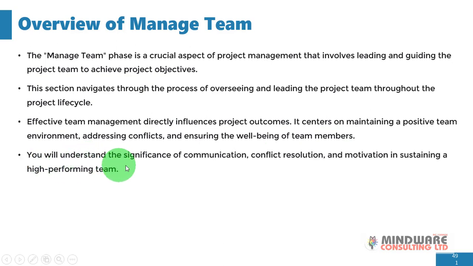Here you will understand the significance of communication, conflict resolution, and motivation in sustaining a high-performing team. The word is sustaining. Alright? You want to keep the team in that place of high performance throughout the life cycle of the project.